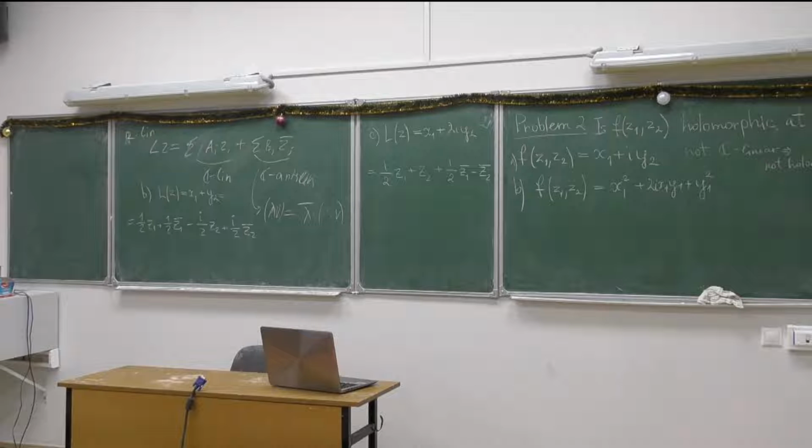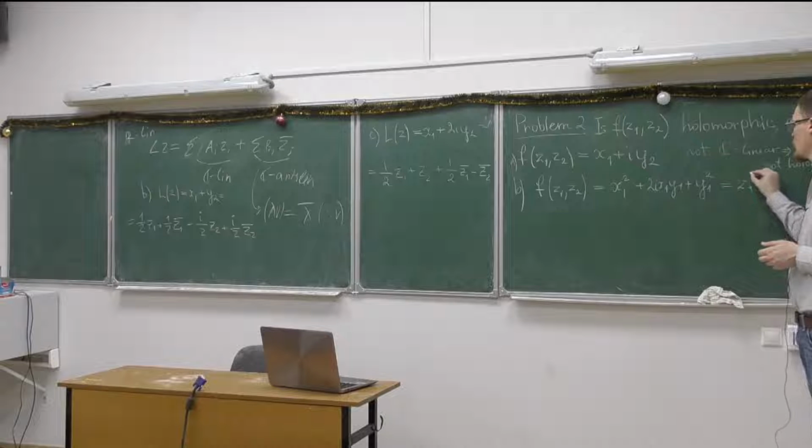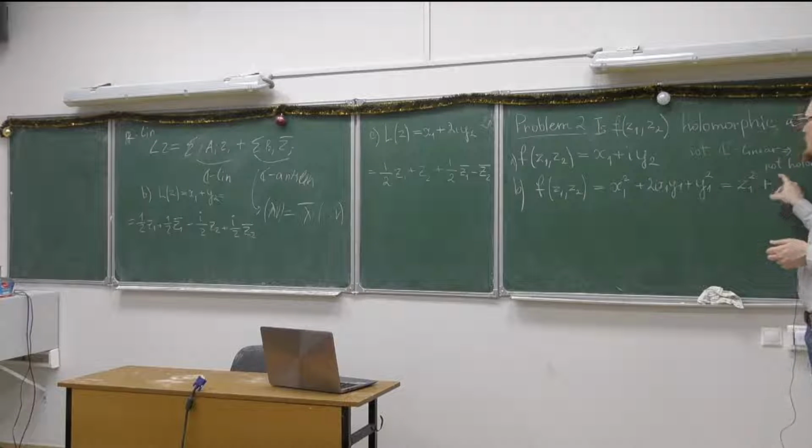Can we say that this is a sum of a holomorphic function and something else, and it's holomorphic if the something else is holomorphic? It's clearly the sum of z1 squared and 2y1 squared, right? Yes, that's right.